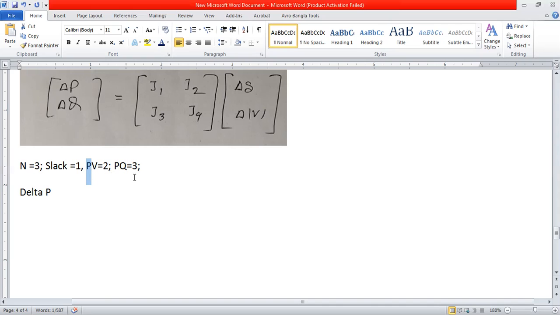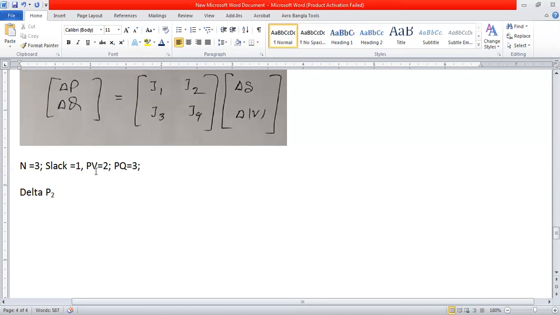If we subtract the calculated value of P2 from the scheduled value of P2, we will get the power mismatch, that is delta P2. This is the first element of this matrix.